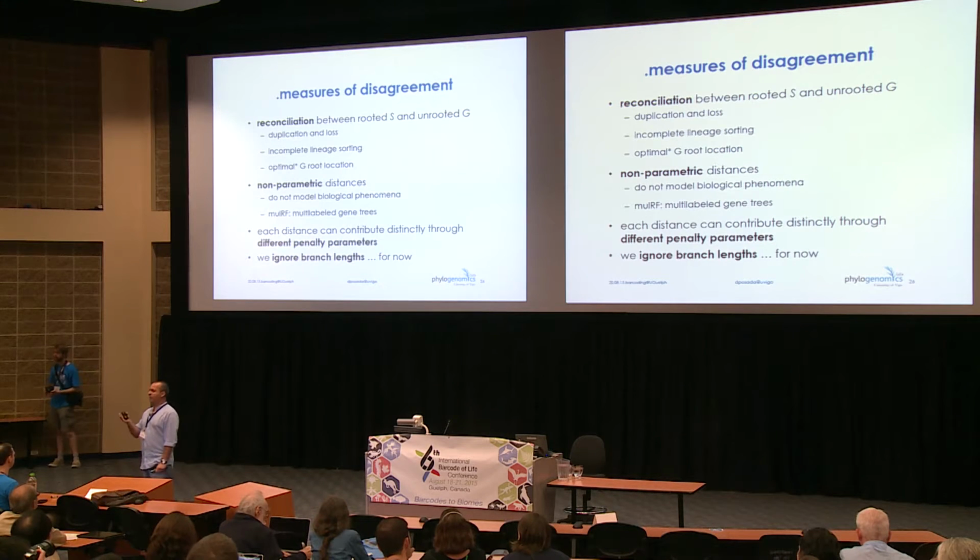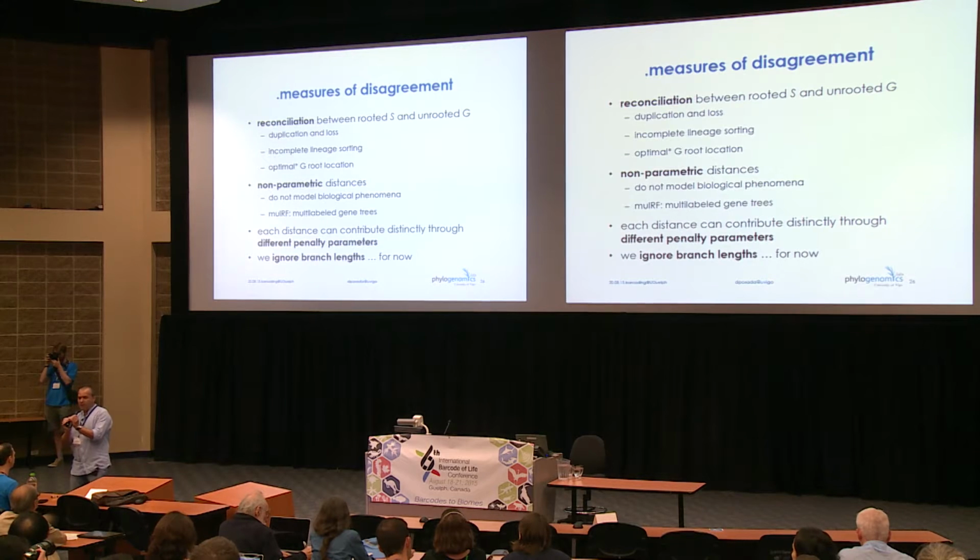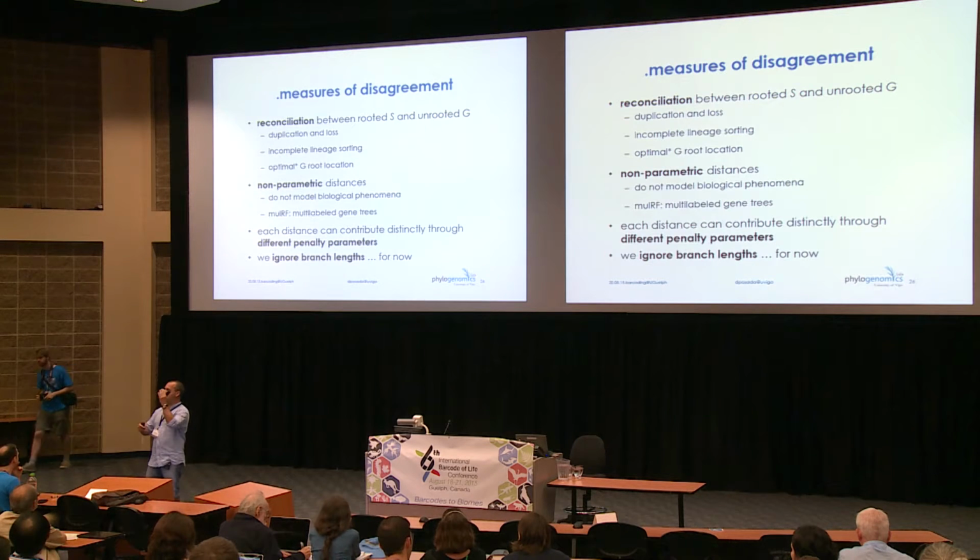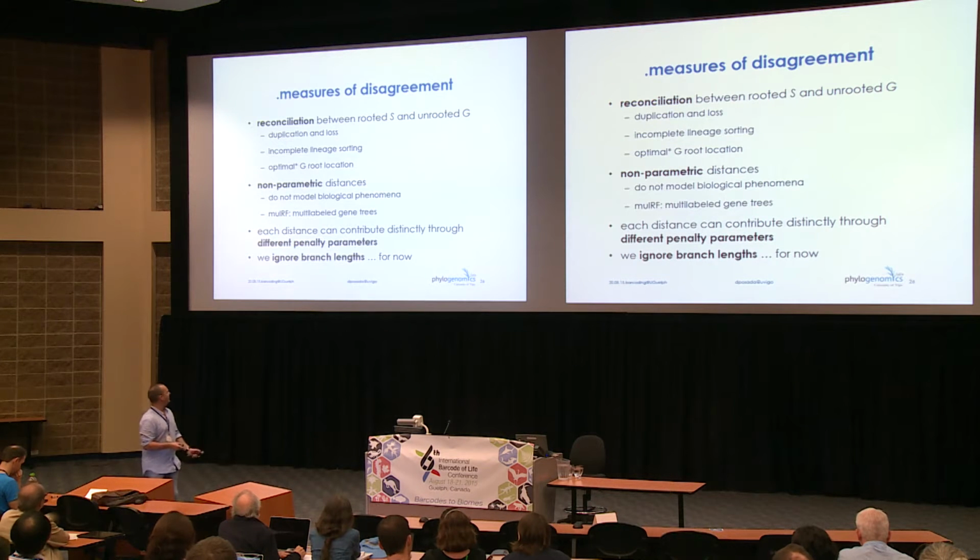We use what is called reconciliation distances, the number of duplications and losses you need to invoke to explain this gene tree given this species tree, the number of incomplete lineage sorting or deep coalescences you need to invoke given this gene tree and this species tree, and so on. We also evaluate different optimal gene tree root locations during the process, and use other distances that do not model any particular biological phenomena.